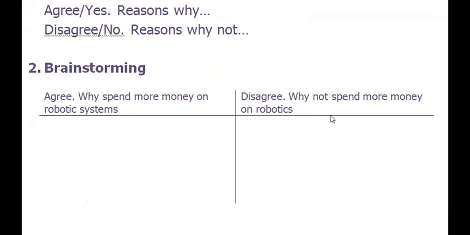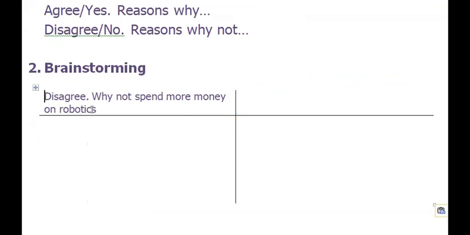So that being said, we're going to start our first paragraph with disagree. And our second paragraph, we will talk about the agree. So for disagree, supporting sentence 1, or our main reason why we disagree, we could say something like, hospitals shouldn't spend more money on robotics.